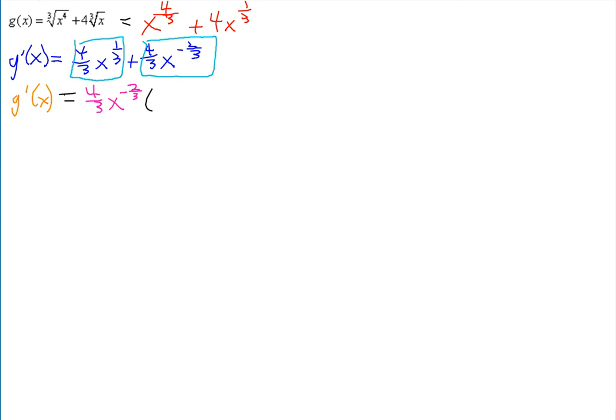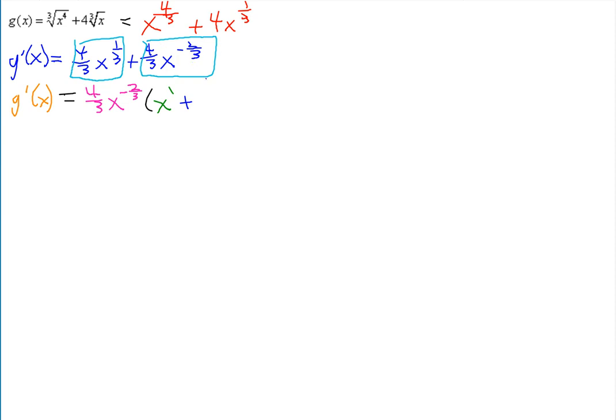All right, let's see what we have left now. So the 4/3 is gone. This was x to the 1/3. And we took out negative 2/3. So again, negative 2/3 plus what would give you 1/3? That'd be 3/3, which is just 1. So just x to the first. And then plus, now we factor this entire thing out, 4/3 and x to negative 2/3.